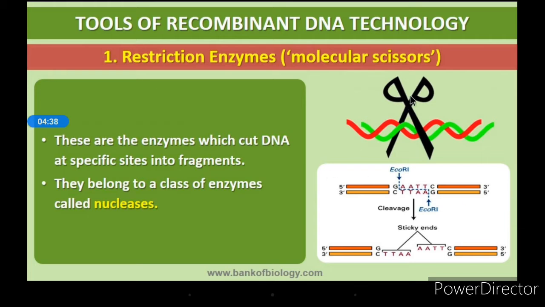And here you can see the DNA is double stranded, and you know one strand will start from 5' to 3', and the other one will start from 3' to 5'. Here you can see the base pairs given, that is GAATTC and CTTAAG. Mainly in this base pair sequence, the E. coli enzyme will cut from G and A. That is, in this sequence it is G here, and in the other strand, 3' to 5', it is the AG.